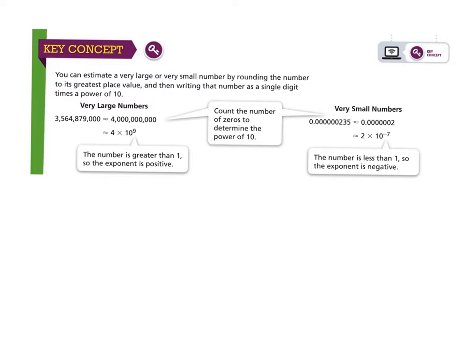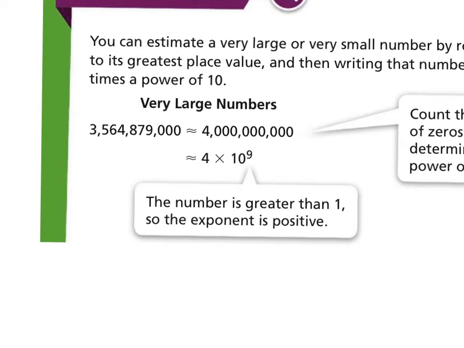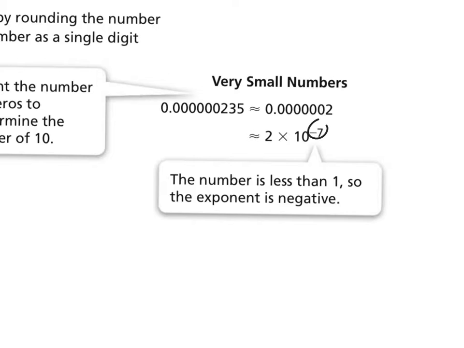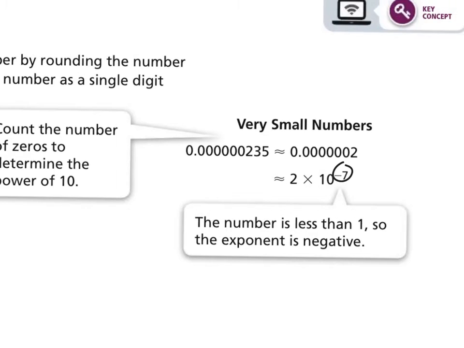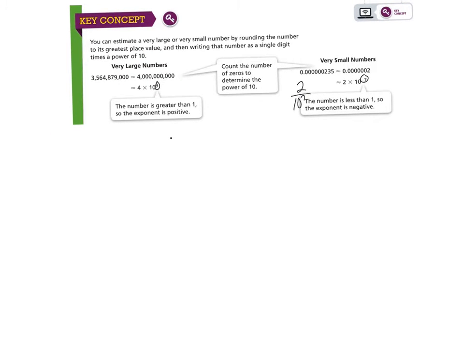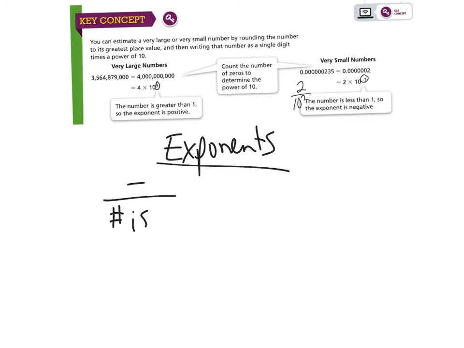So key concept, just kind of recapping here, is again, if we have big numbers, we're going to have positive exponents because we have to multiply by 10 to get to that number. If you have a small number, it's going to be negative exponents because you'd have to divide by 10 to get back to that number. And again, another way of thinking about it is with our exponents, for a negative, the number is less than 1.